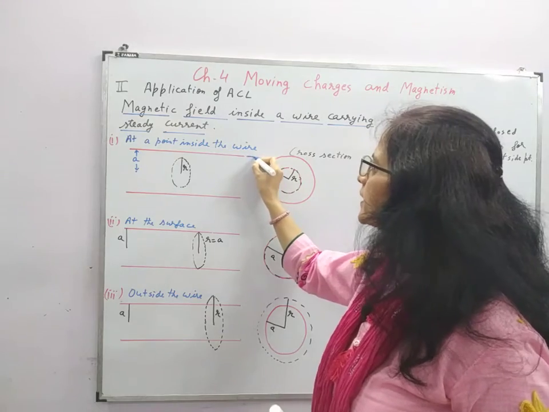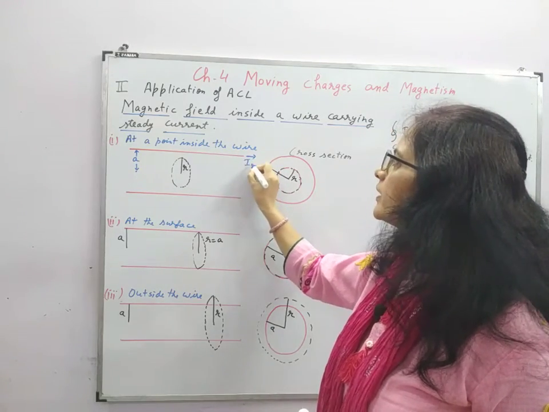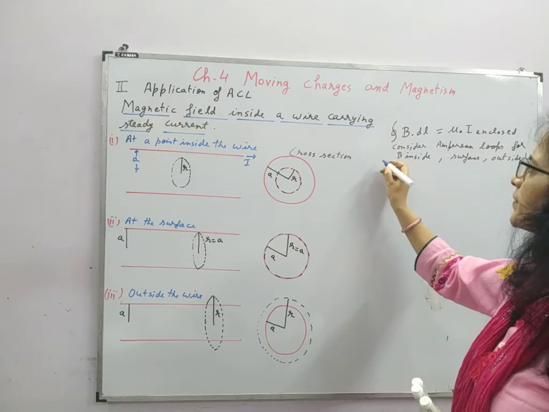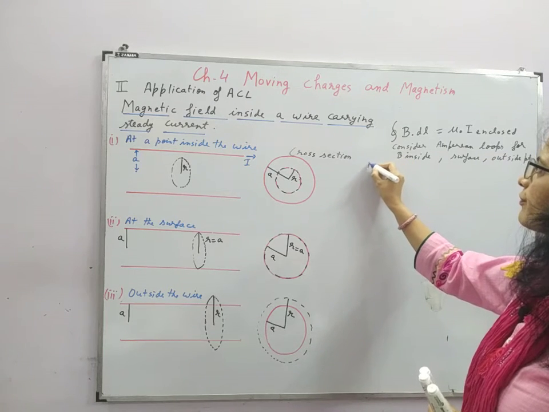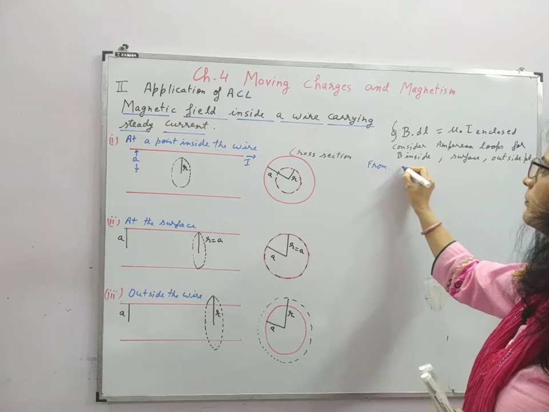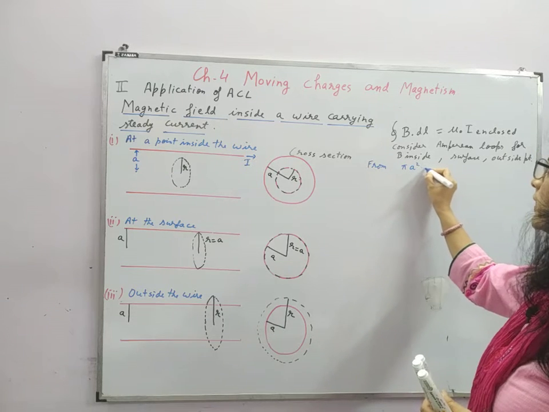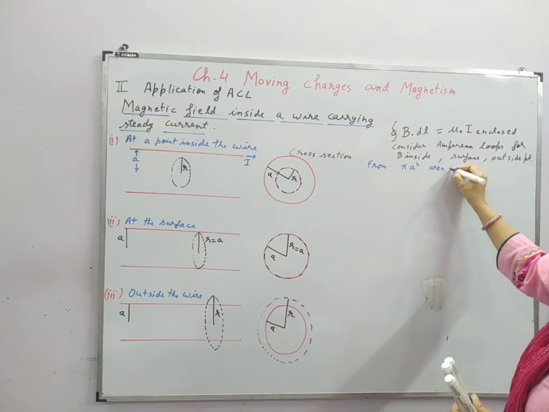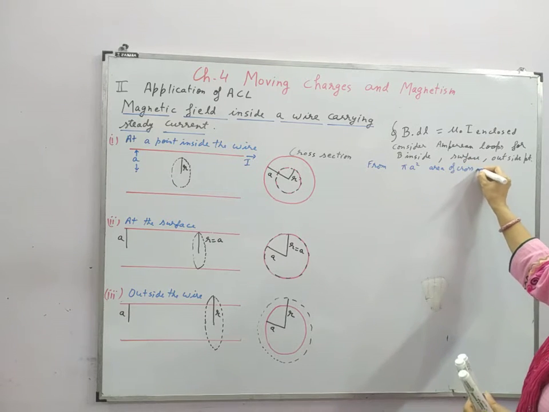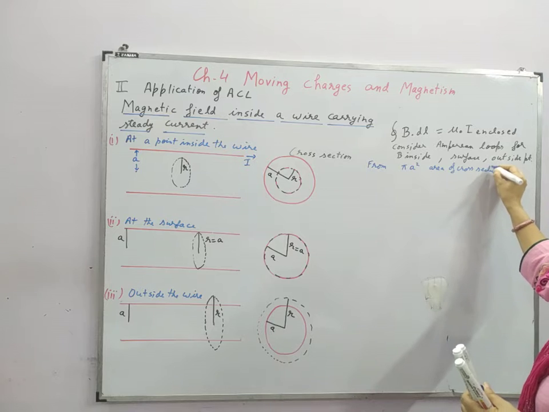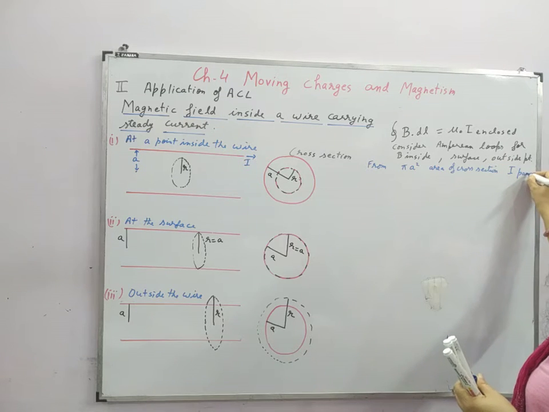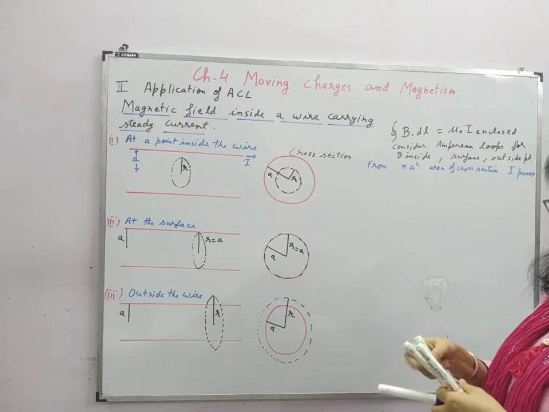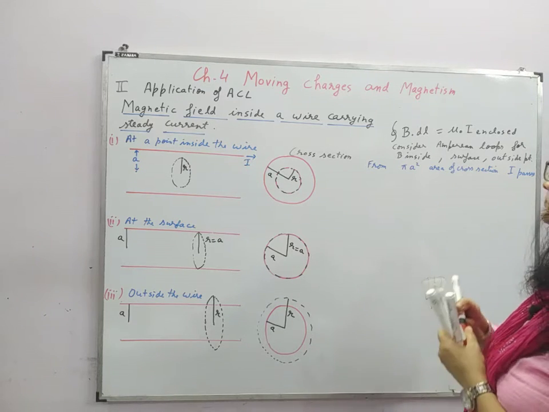So for this complete current, I can use the unitary method here, that from pi a square area of cross section, I passes.